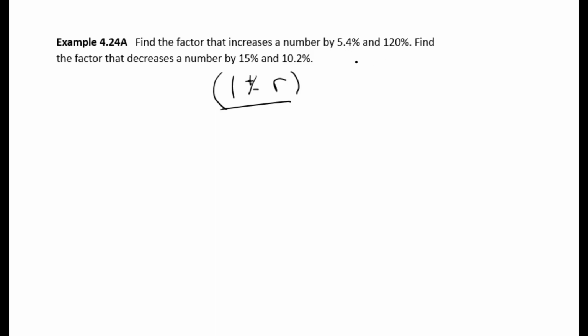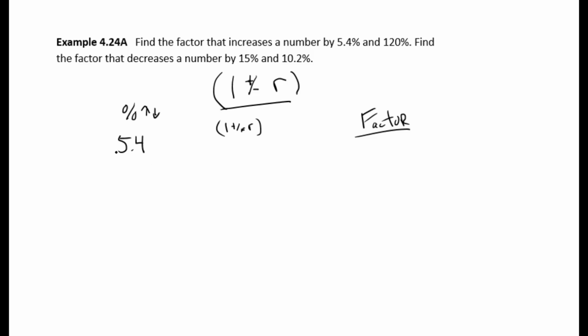And I'm also going to do these problems here. So we're going to increase something by 5.4%. I'm going to use 1 plus or minus r, and then I'm going to put that in my calculator and get the factor. And the factor is the number I will multiply by in order to accomplish my task.